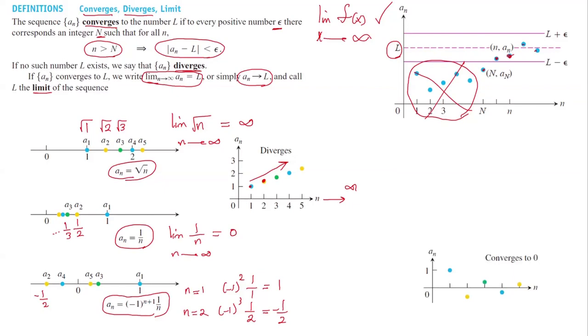Take a look at the behavior of this sequence. The very first term is up here, the second term is here, the third term is here, and as you go to the right-hand side, these terms are getting closer and closer to 0. So the sequence converges to 0.